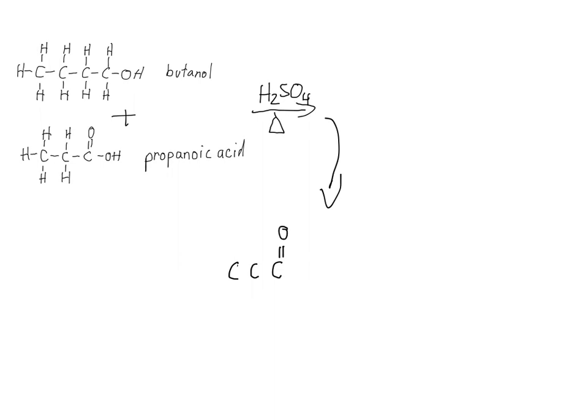There's my propanoic acid. But now propanoic acid is not going to be propanoic acid anymore, because the oxygen now doesn't have an H anymore. So I've got my propanoate, which is now my ester. I've made it into an ester, which is exactly what it should be. But attached to my propanoate is the butanol, which I've now rotated.